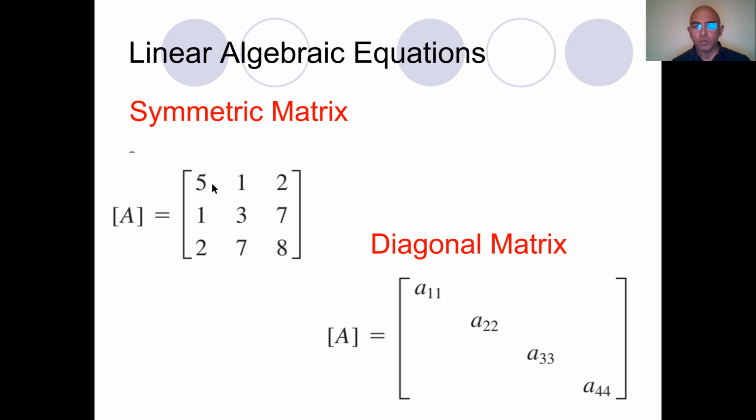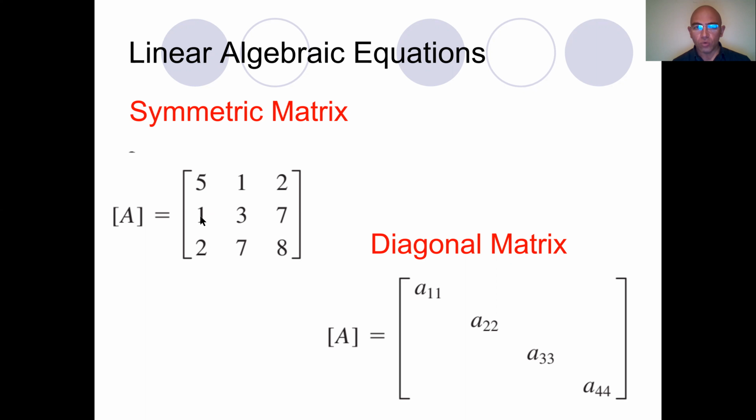For example, let's look at this 3 by 3 matrix. The element in the first row, second column is 1.